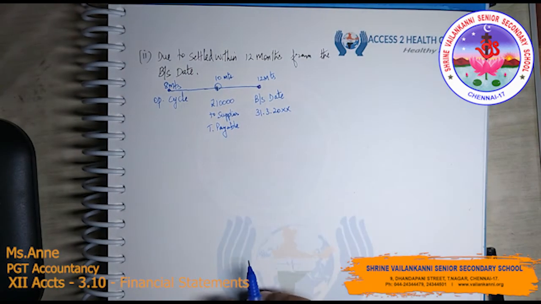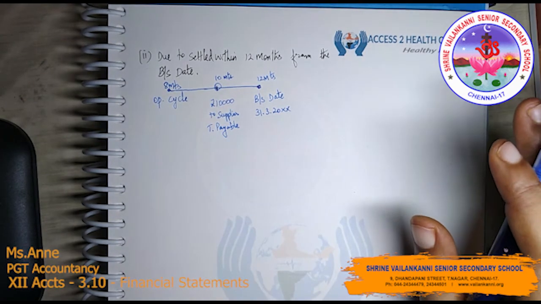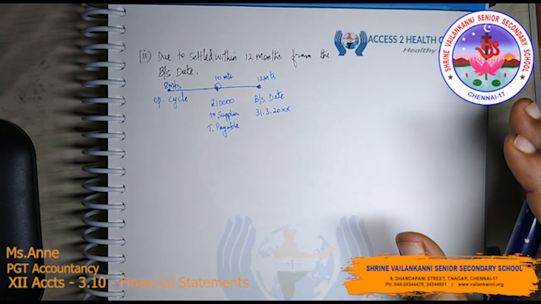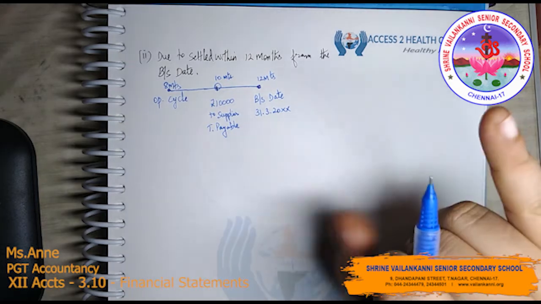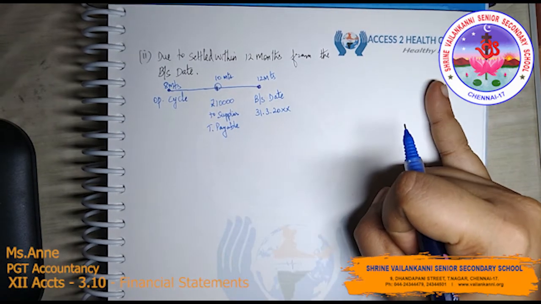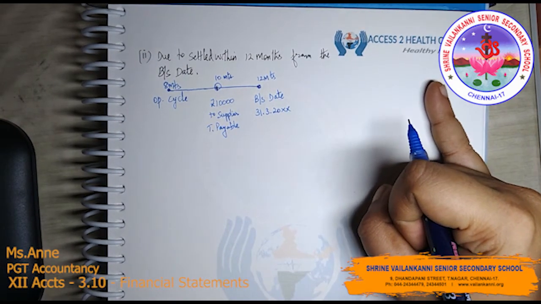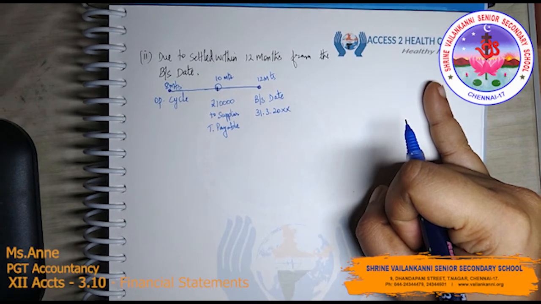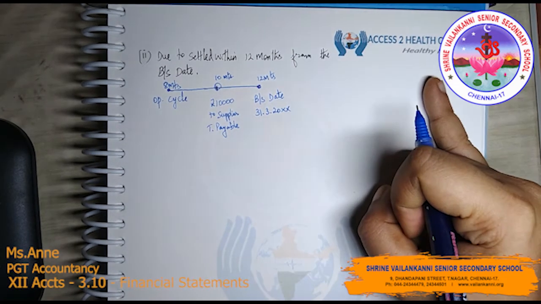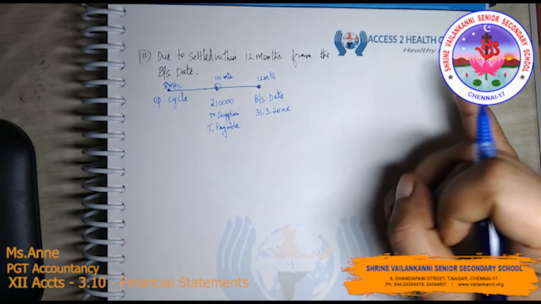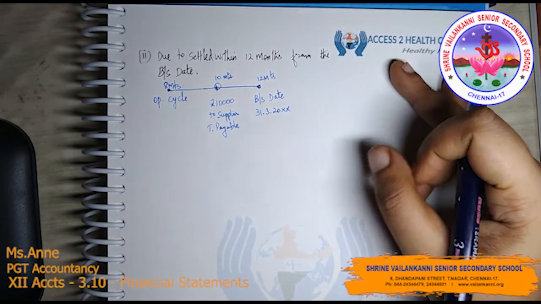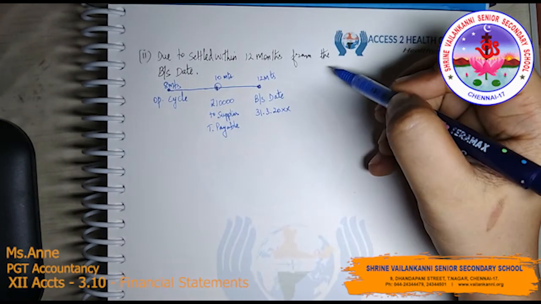Now what does the definition say? You need to consider something as current liability if it is to be settled in the normal operating cycle or due to be settled within 12 months from the date of the balance sheet.